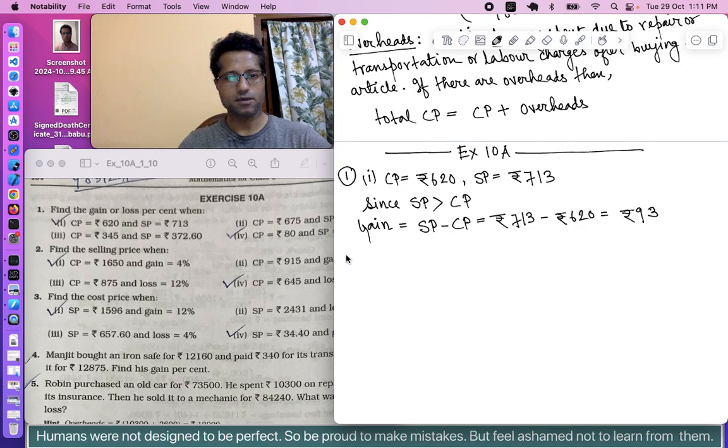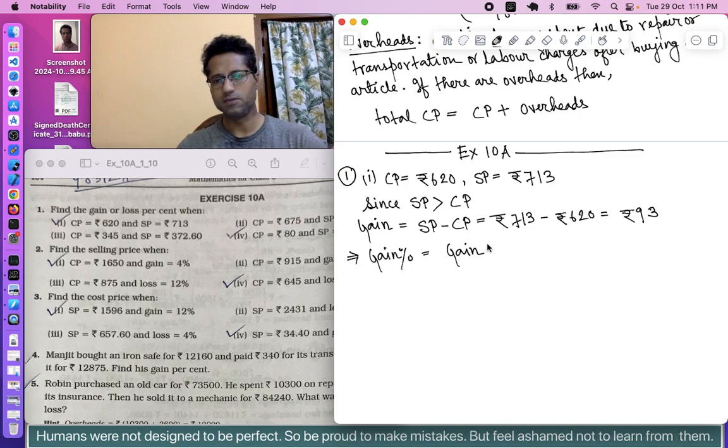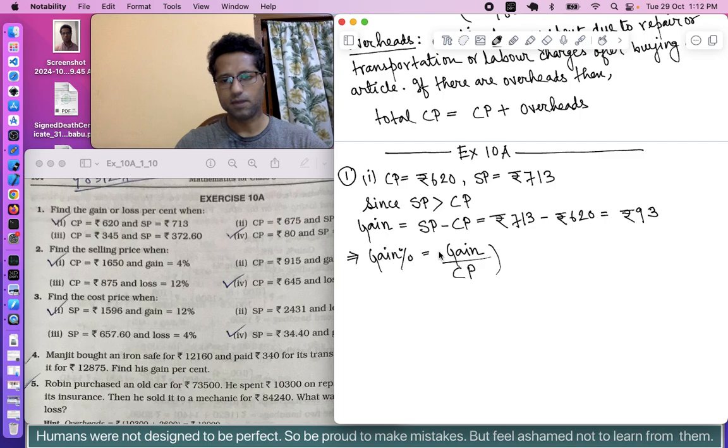It is asking about gain or loss percent. Since there is a gain, obviously we will have gain percent. Now what is gain percent? Gain percent is basically the gain or profit, they mean the same thing, divided by the cost price multiplied by 100, this much percentage.